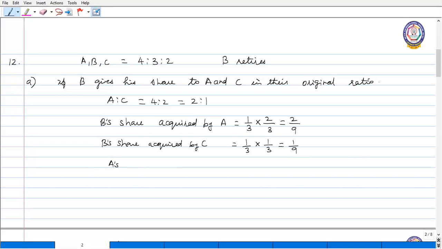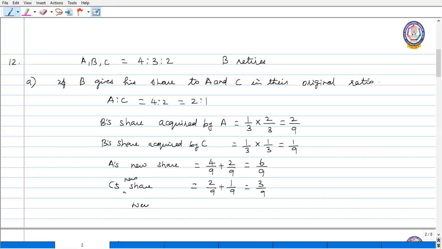Now we'll determine the new share of A and C. A's new share is equal to old share plus what they acquired from B. So old share 4/9 and what A acquired from B is 2/9. So 6/9. And C's new share is equal to 2/9 plus here he gets 1/9 from B. So 3/9.